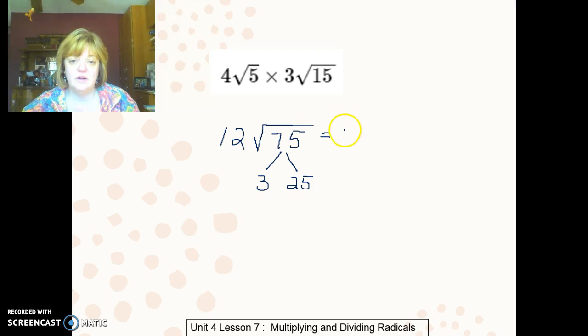The square root of 25 is 5, so we put it out front with our 12. What we're left with under the radical is just a 3. To finish this off, you multiply your 5 times 12, which I think is 60. And that is our final answer.